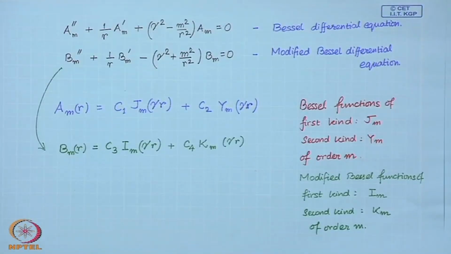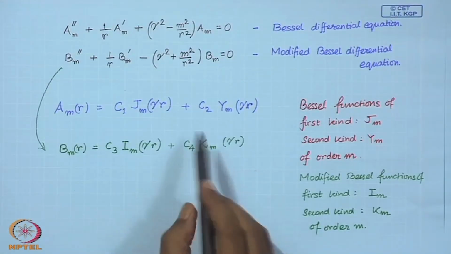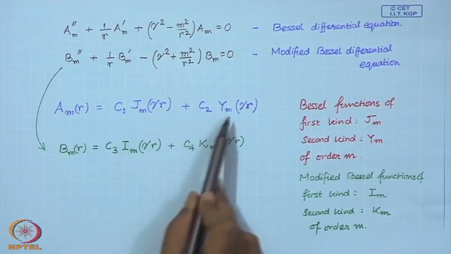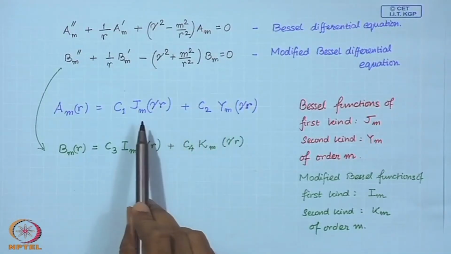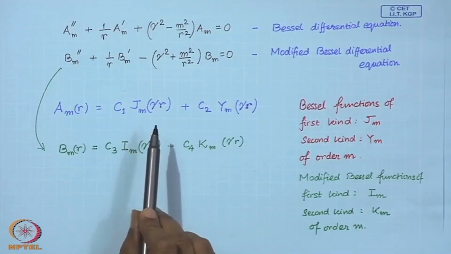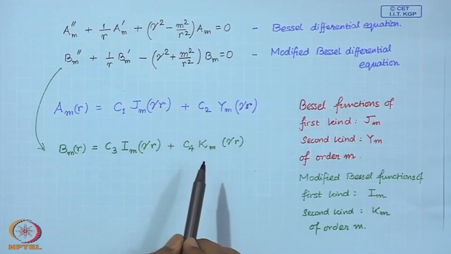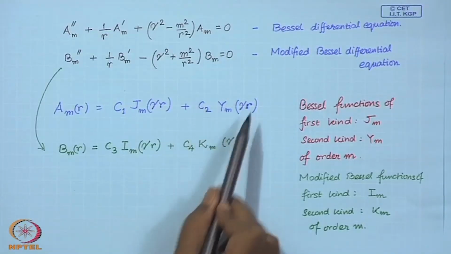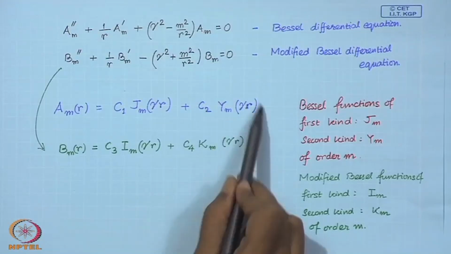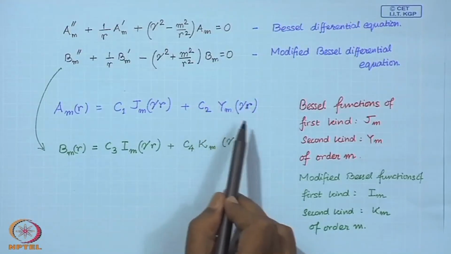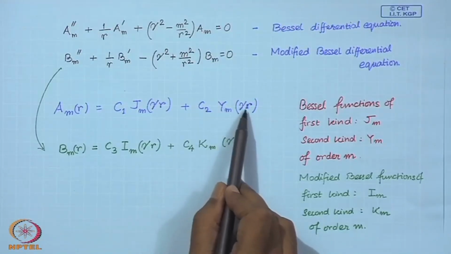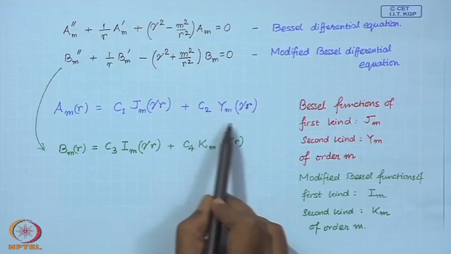Now, we have come across the Bessel functions J and Y, and we already know that Y has a logarithmic singularity at 0 argument. So, at r equal to 0 this has a logarithmic singularity.